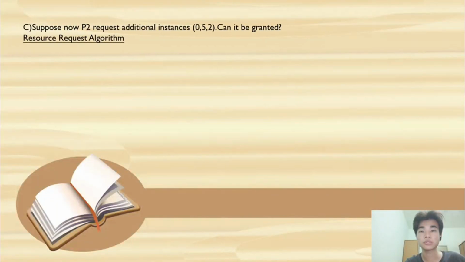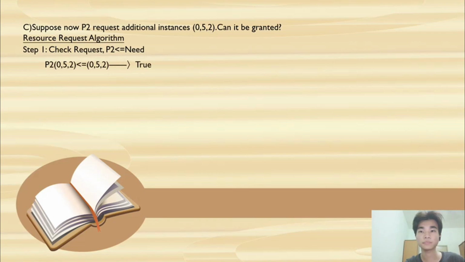In question C, suppose now P2 requests additional instances 052. Can it be granted? Step 1, we need to check the request: P2 request less than or equal to the need. 052 is less than or equal to 052, so it's true.